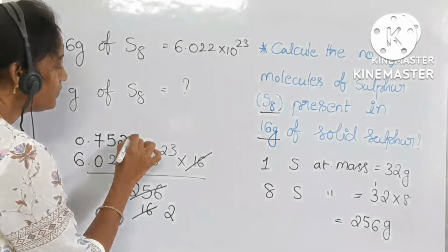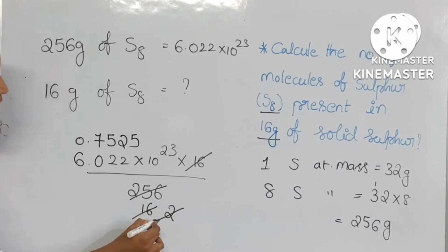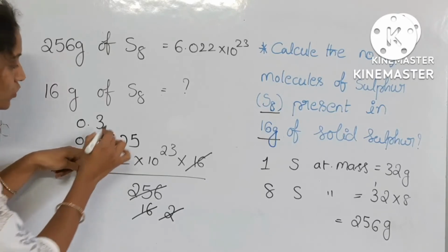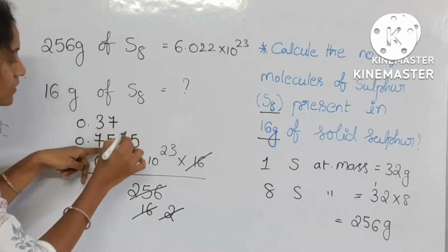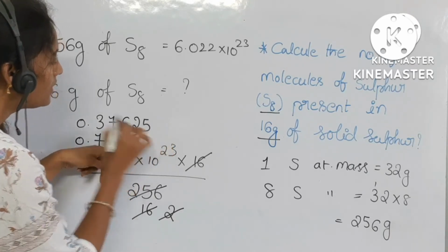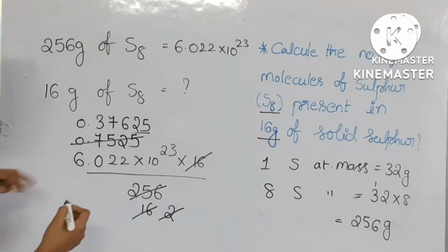Then 8 fives are 40. Now coming to the second table: 2 ones are 2 point, 2 threes are 6, 2 sevens are 14, 2 sixes are 12, 2 twos are 4, 2 fives are 10. You can leave these two decimals for simplification.